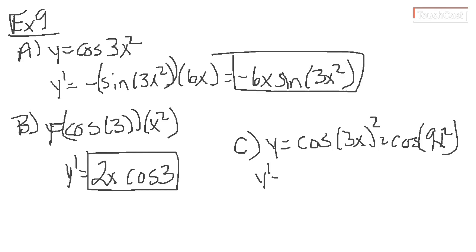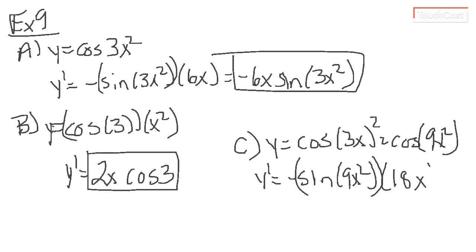Y prime is going to equal derivative of cosine is negative sine of 9x squared, and then we multiply that trig part by the derivative of 9x squared, which is going to be 18x. So our final answer is going to be negative 18x times the sine of 9x squared.